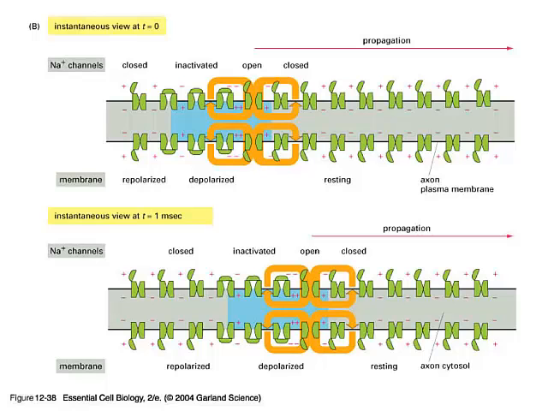Okay, so it's closed, it becomes open, it becomes inactivated. At that point, the other types of proteins, the sodium-potassium pump, will reorient the gradient of sodium and potassium so that you have the original resting potential.